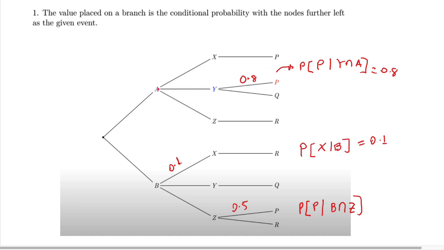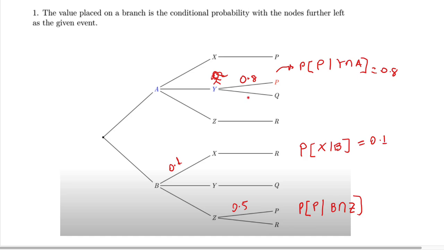If you're sitting in this node and look back, you will see that Y happened and A happened. And if you look ahead, you will have a probability of P happening. So it's a conditional, because you already know that A and Y happened first. And this conditional will be 0.8.